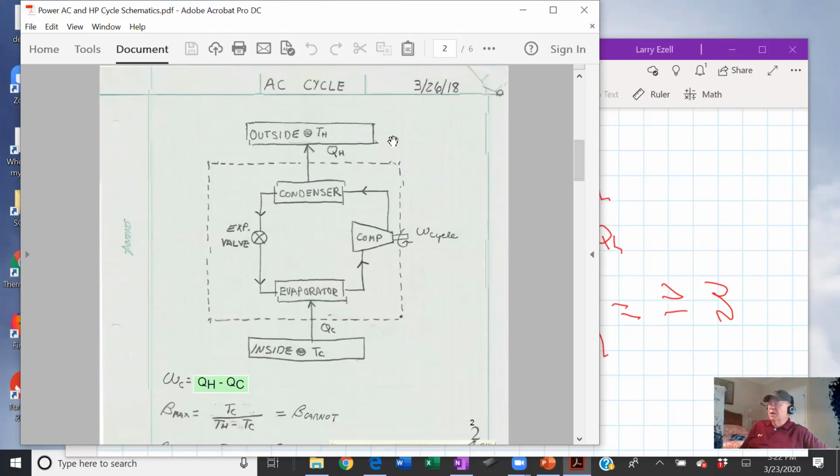TH on a summer day, the outside environment might be as hot as 100 degrees C. No, not that hot. That's 212. If we get that hot, we're in trouble. The viruses would all be dead, but we'd be dead also. No, it's about 100 degrees F, which is about 40 degrees C, somewhere around there.